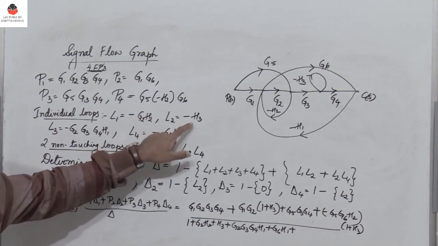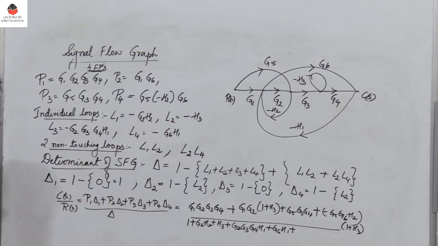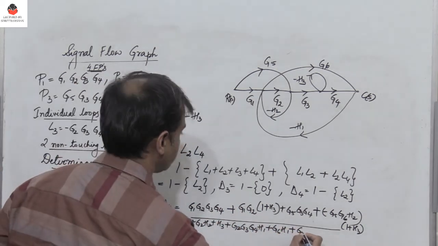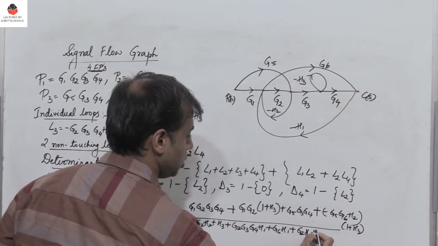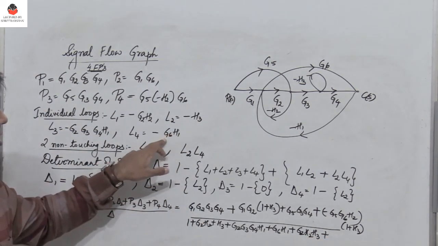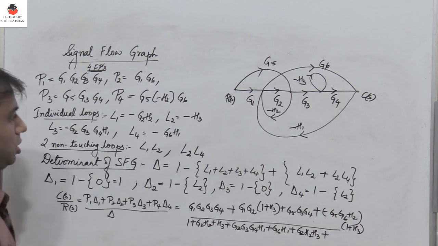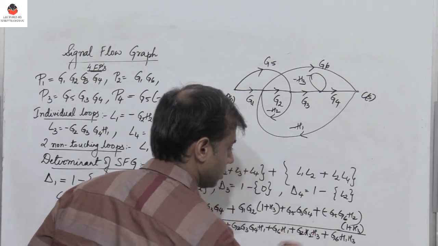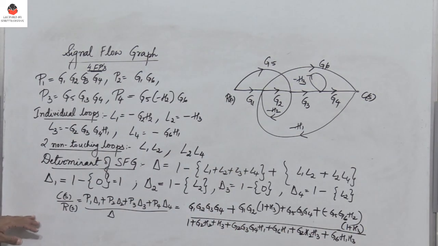When I multiply these two, it becomes positive. So I have G2 H2 H3 plus L2 L4, so I have G6 H1 H3. So this is the final transfer function which we have obtained by using Mason's gain formula.